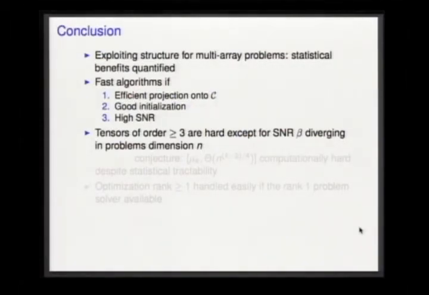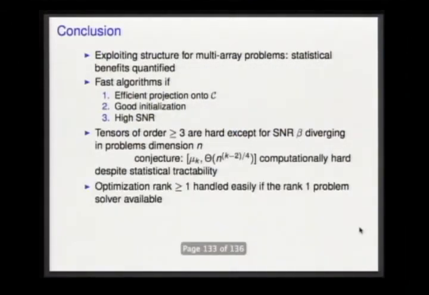First, to the case of tensors of order larger than 3, where we saw that except if the signal to noise ratio diverges with the dimension of the problem, the estimation gets computationally hard, and we conjecture that between the value mu k that we exhibited, which was asymptotically square root of k log k, and a term which is of order n to the (k minus 2) over 4, this computation is intractable, even though statistically we know that the maximum likelihood estimates the vector correctly.